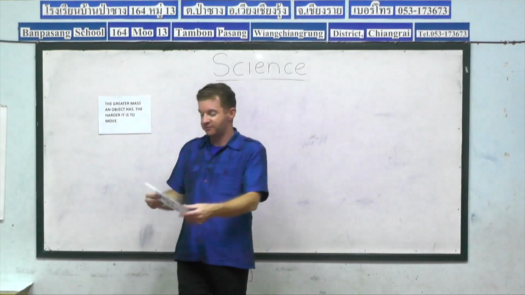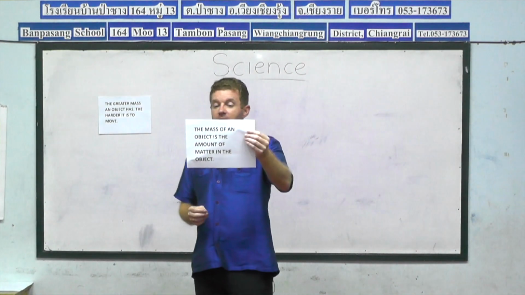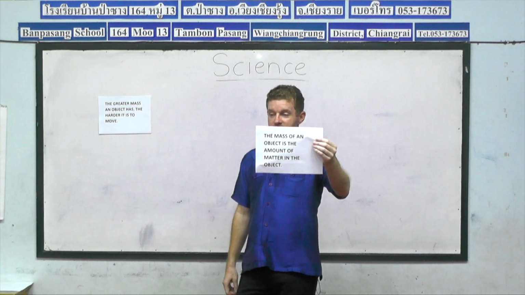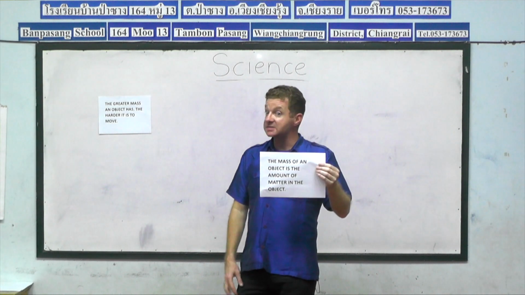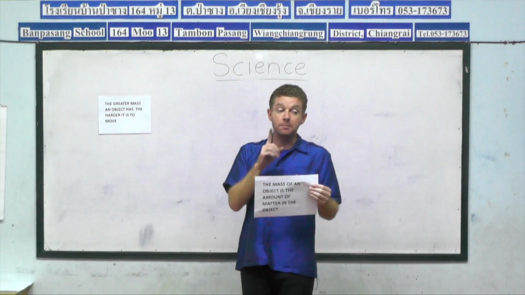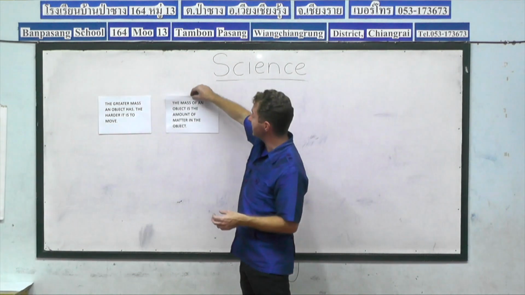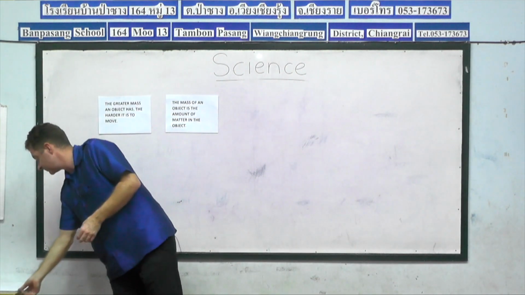And then we have the mass of an object is the amount of matter in the object. So the more mass means the more matter. And remember when we learned about matter, solids, liquids, and gas. So the more mass, the more matter.